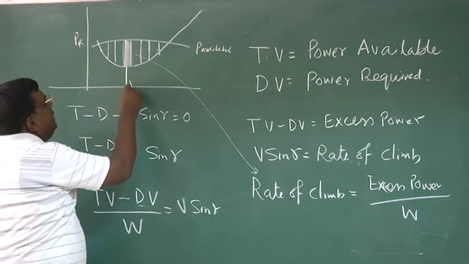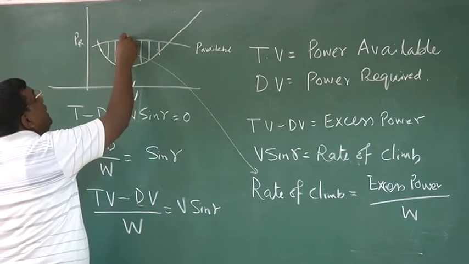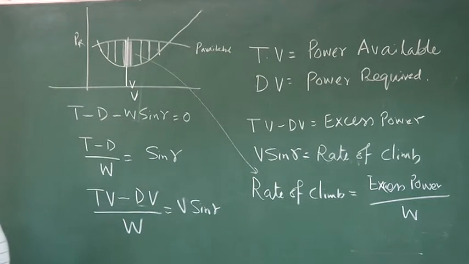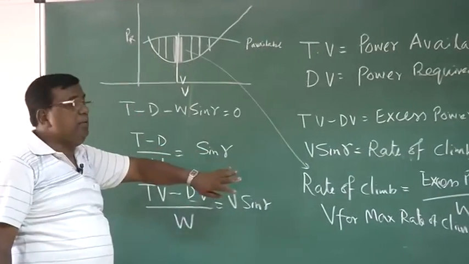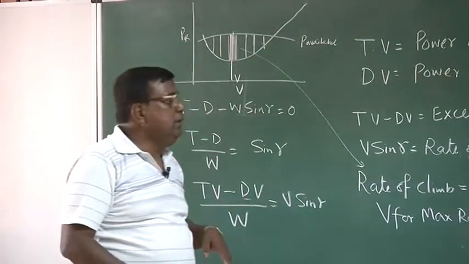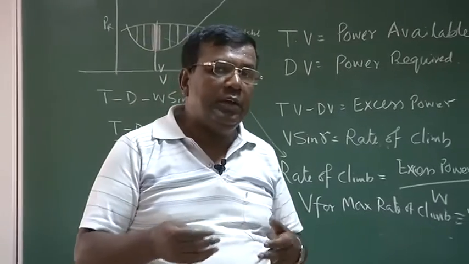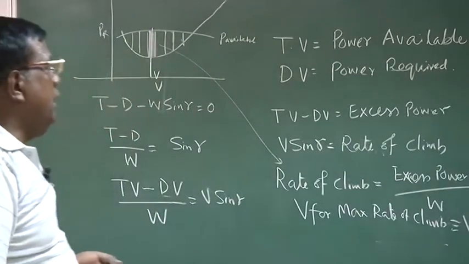So I know that the V where the excess power is maximum is the speed I should fly to get maximum rate of climb. So could you understand the linking of excess power to rate of climb? This concept will be utilized in defining a few more parameters which are very, very important for aircraft performance.